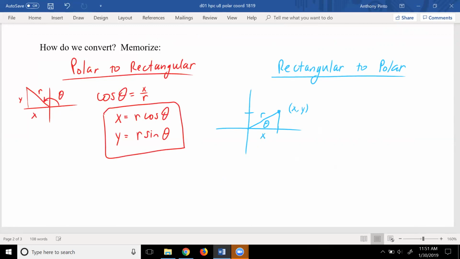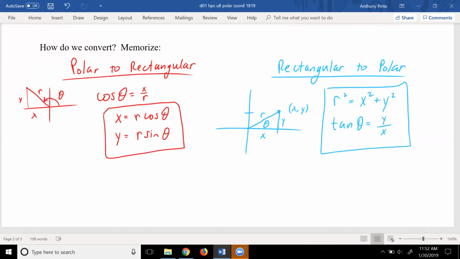Well, if you have x and y, we can say r squared equals x squared plus y squared. So we just use the Pythagorean theorem to find what r is. And then to find theta, tangent of theta is equal to y over x. And then we take the inverse tangent of y over x, and we have that angle.